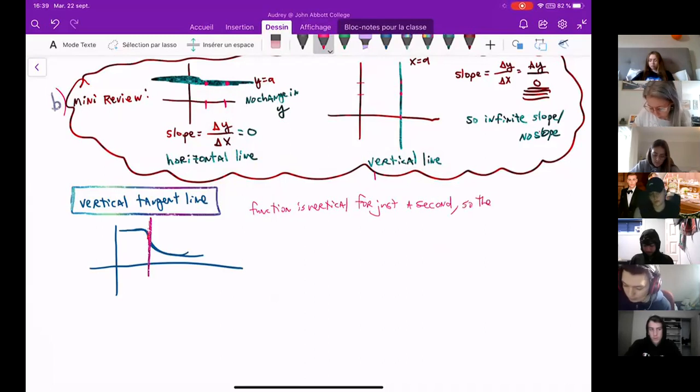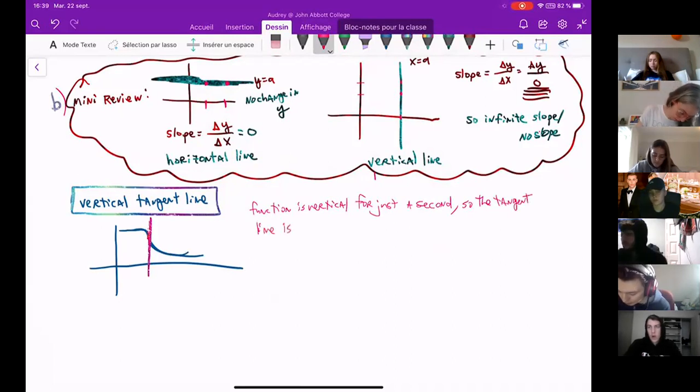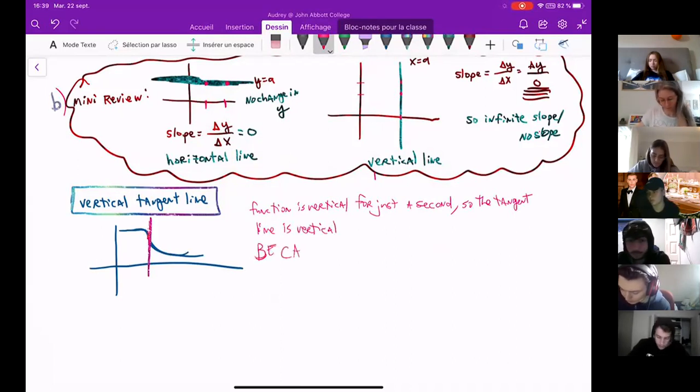So the tangent line is vertical. Be careful. This is not a vertical asymptote.